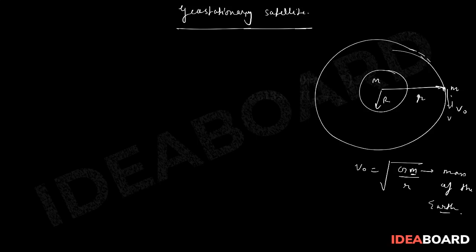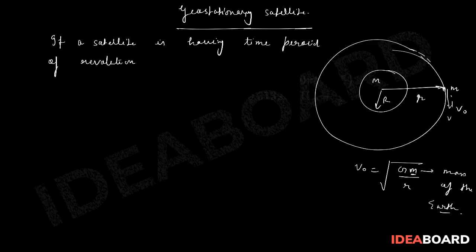Okay, so now if a satellite is having time period of revolution 24 hours, then it is said to be geostationary satellite.